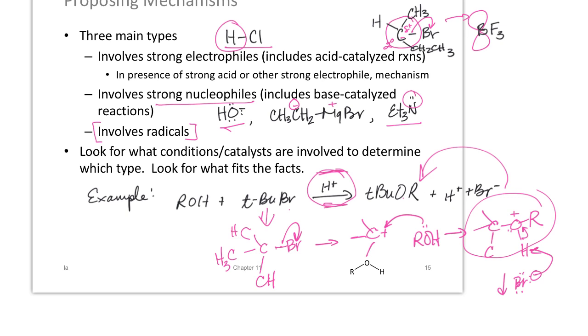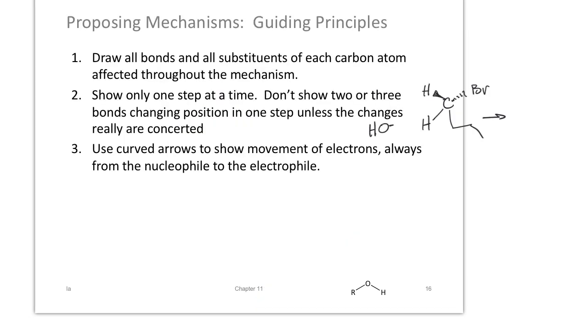On this previous page, we saw that we could do one arrow in each step. So the way that you do this, draw all the bonds and substituents of each carbon atom. You probably saw in the last that I tried to limit my line angle drawings to other parts of the molecule, and we'll focus in on a carbon where a reaction might occur and draw all the bonds in for that.